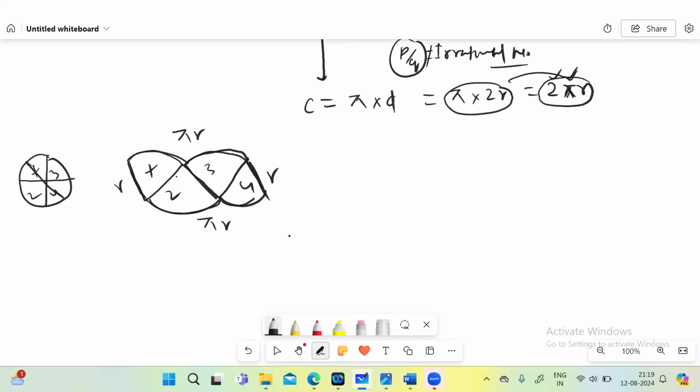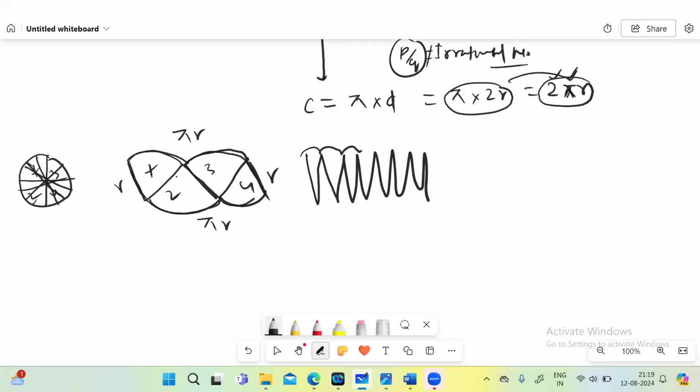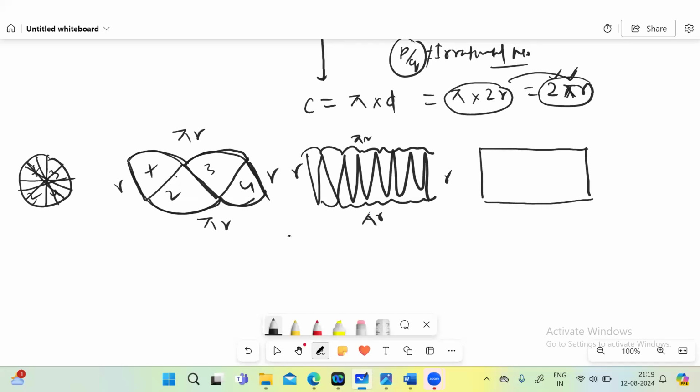If we divide the circle further into infinite parts, we'll start getting a figure like this. We'll have smaller parts. All the curved parts will lie upside and down, and this will be R. So if we take infinite parts like this, it will actually become a rectangle whose one length will be pi r and the other length will be r.